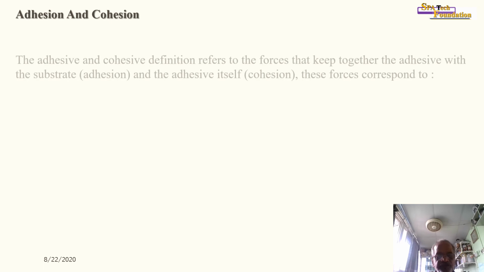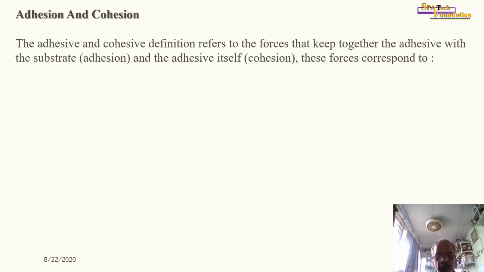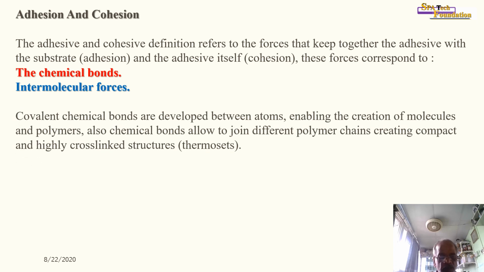Adhesion and cohesion. The adhesion and cohesion definition refers to the forces that keep together the adhesive with the substrate, and the adhesive itself, that is cohesion. These forces correspond to chemical bonds and intermolecular forces.